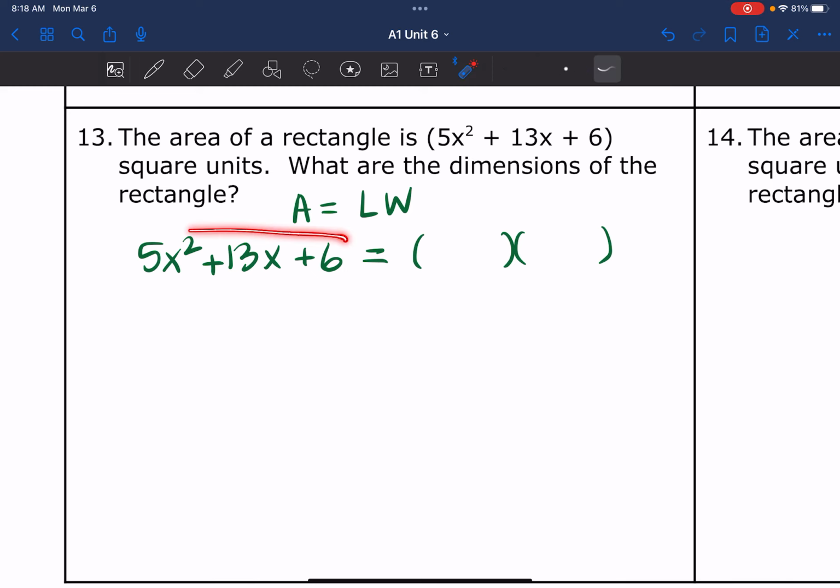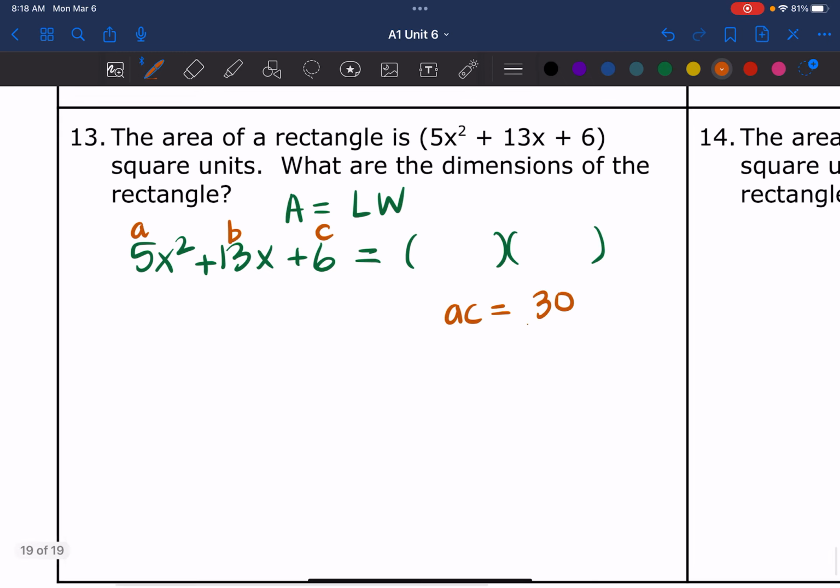So we look at this here. We look to see if we can factor anything out, which we cannot. So we're going to start with A is 5, B is 13, and C is 6. So AC, 5 times 6 is 30.